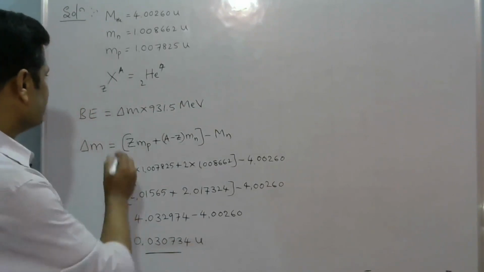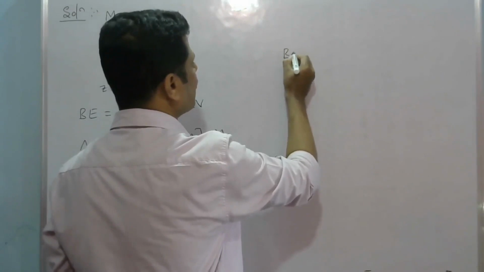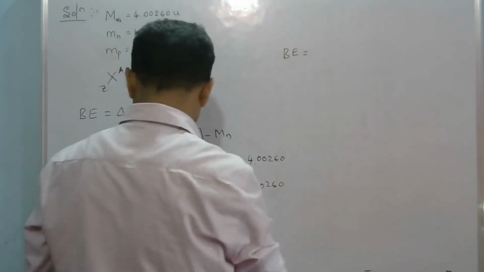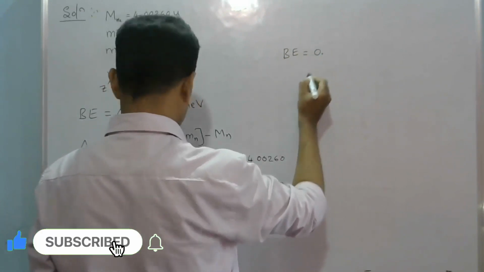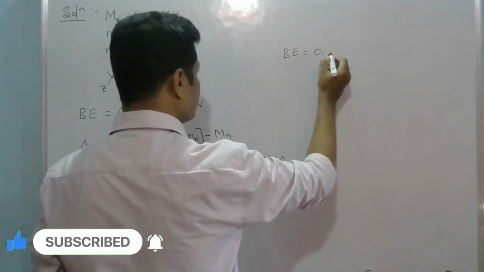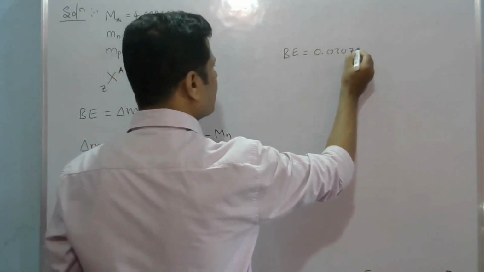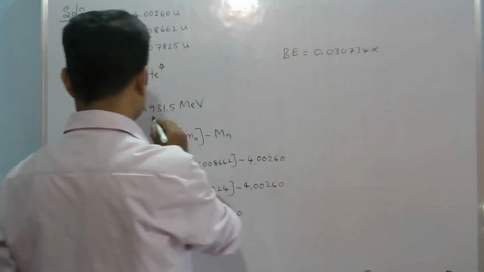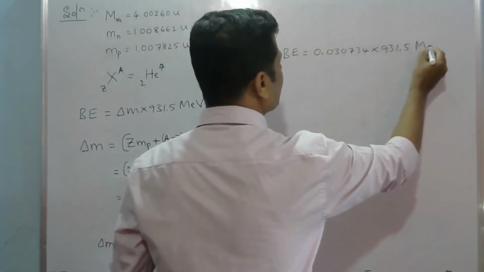Now after getting the mass defect, we need to find the binding energy. So binding energy equals mass defect times 931.5 mega electron volt. That is, mass defect 0.030734 into 931.5 mega electron volt.